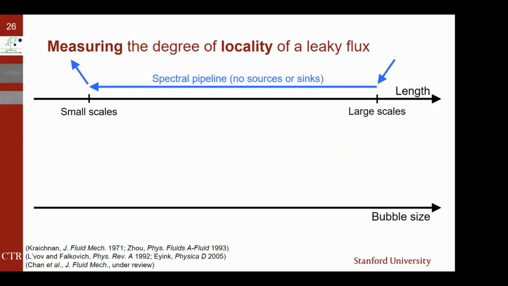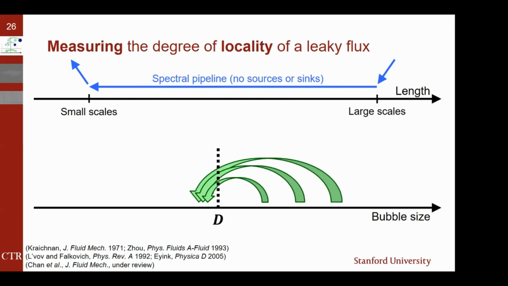So how do we measure the degree of locality of a leaky flux, since we need to know this to determine if a cascade exists or not? So again, let's consider this cutoff. We have contributions to this flux across this cutoff from various bubble sizes. How do we show that most of the contributions are confined to bubbles near this cutoff?